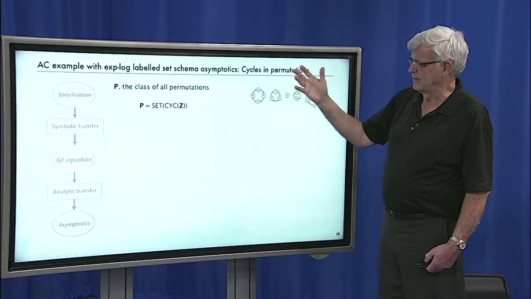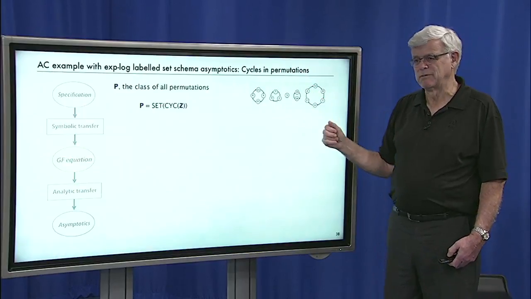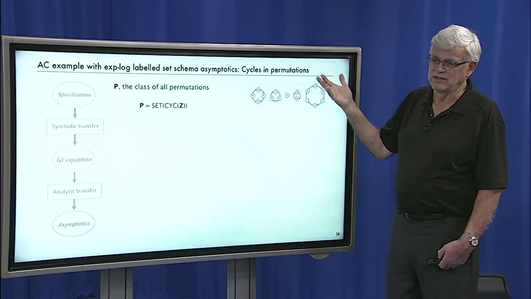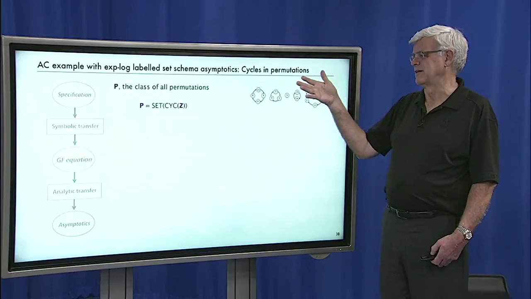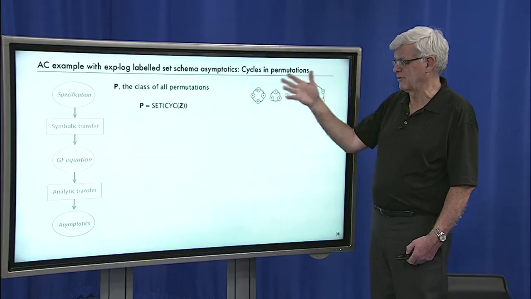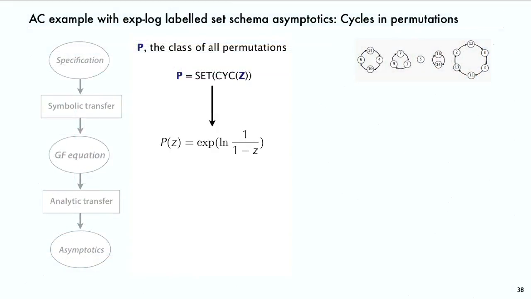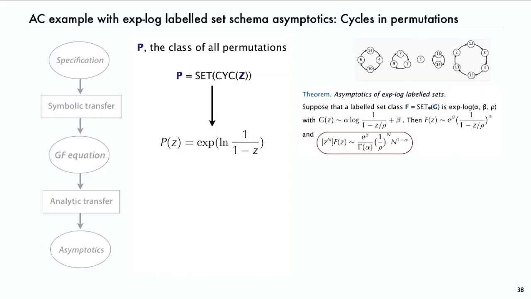So for example, trivial example, but still to check the method, this is using that schema to develop asymptotics for the class of all permutations. So permutations is a set of cycles. So that's the xlog form. Now G of z is log of 1/(1 - z).